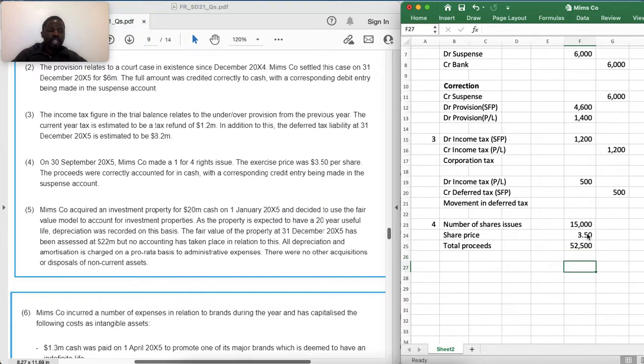Total proceeds were 52,500. Now, what happened?